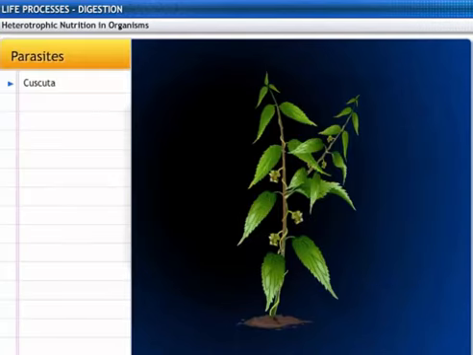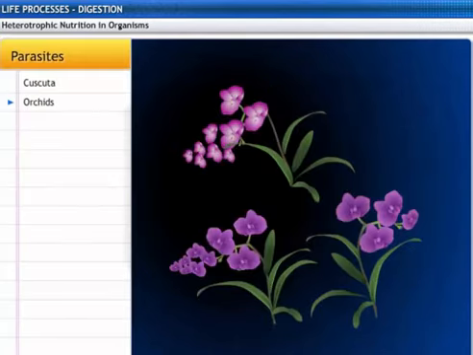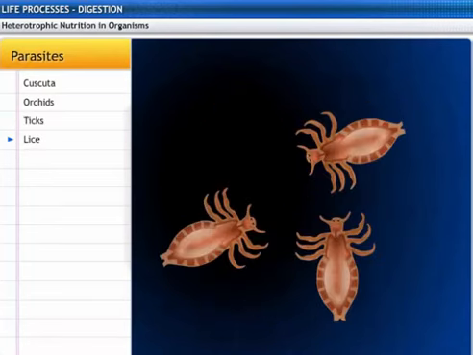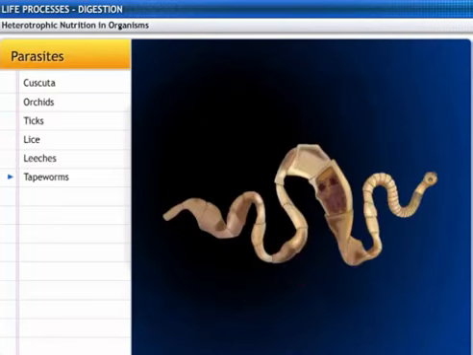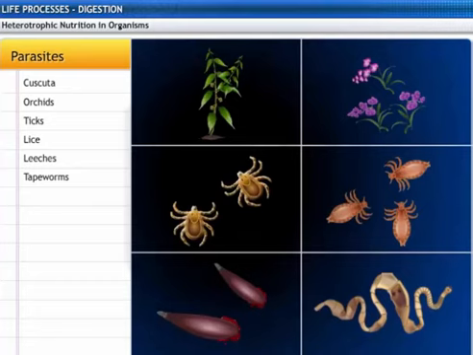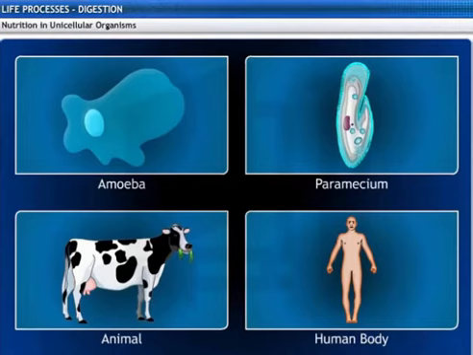Parasites like cuscuta, orchids, ticks, lice, leeches, and tapeworms get their food from living host plants or animals without actually killing them. Let's see how animals take in complex food and break it into simpler forms inside their bodies.